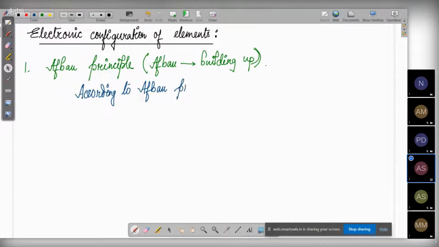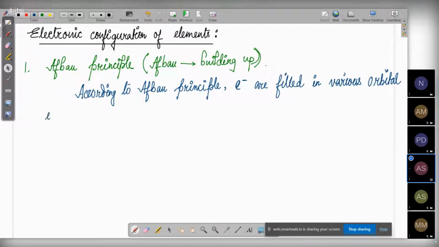According to the Aufbau principle, electrons are filled in various orbitals in order of their increasing energy.